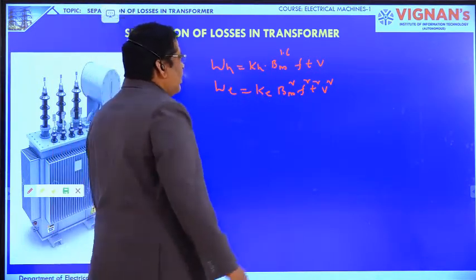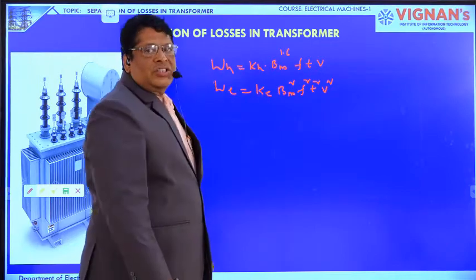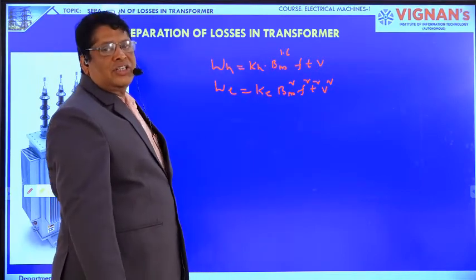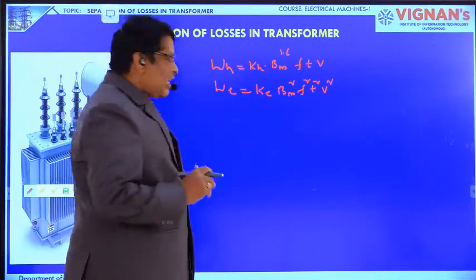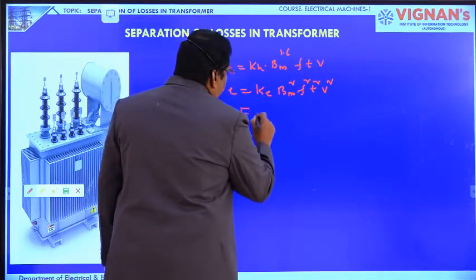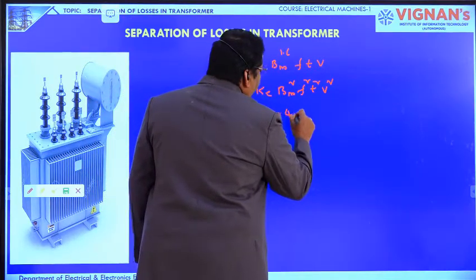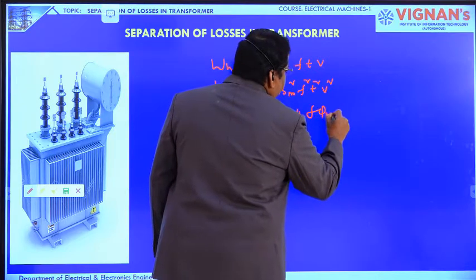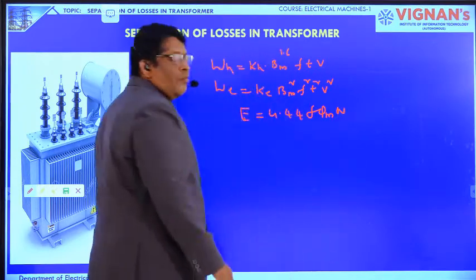If you maintain B maximum as a constant, how are we going to maintain it? From the EMF equation in a transformer, E equals 4.44 F phi m N, where N is the number of turns in a winding.